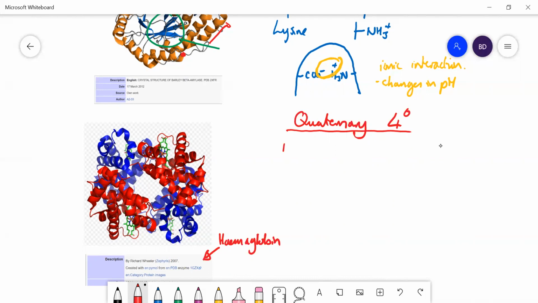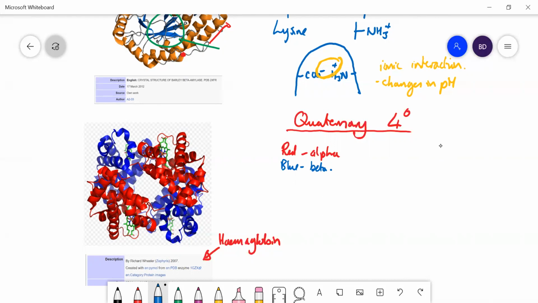The red are the two polypeptide chains, which are identical, and they're called the alpha chains. Don't confuse that with the alpha helix, they just call them alpha to distinguish them. And the blue are called the beta chains, and you've got two of them, identical to each other. And the quaternary structure is how they're arranged together.